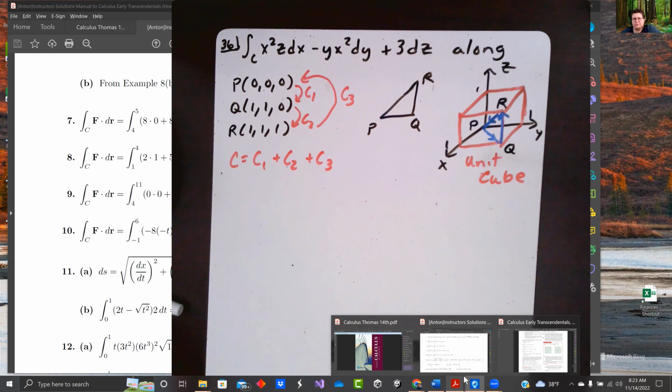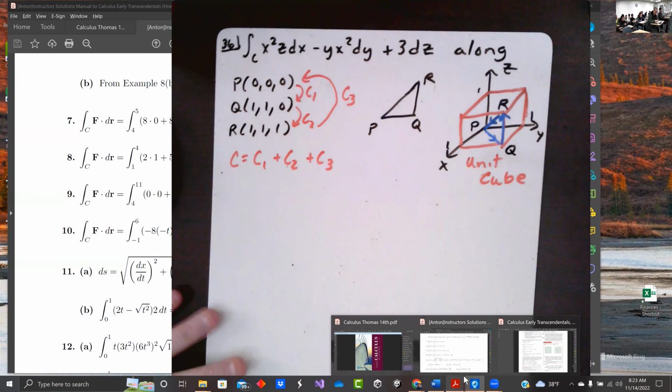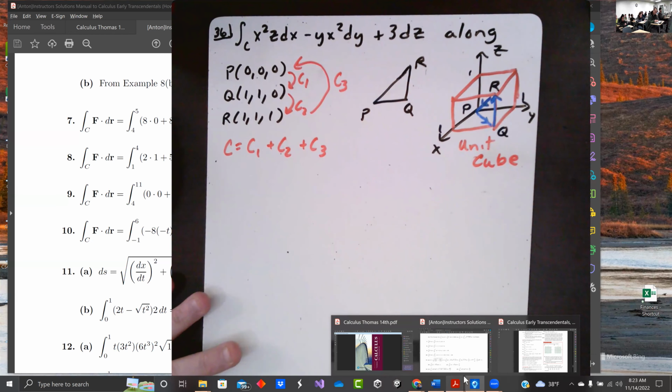A piecewise smooth function. All right, let's look at each of these. Let's do along C1 first.